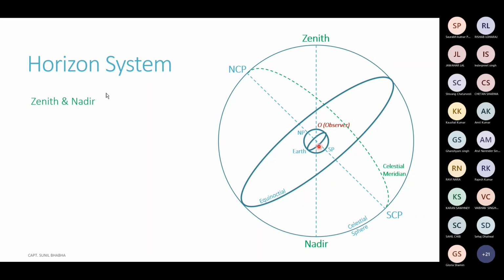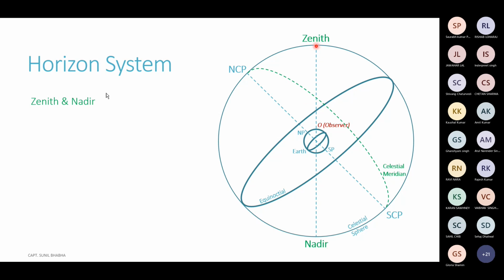So I'm repeating once again. If you draw a line from the center of Earth, passing from the position of the observer, extended up to the celestial sphere, the point where it meets is known as the zenith of the observer. And the point diametrically opposite to it, or where the line extended in the opposite direction meets the celestial sphere, is known as the nadir.